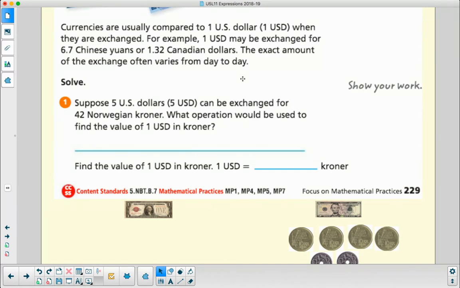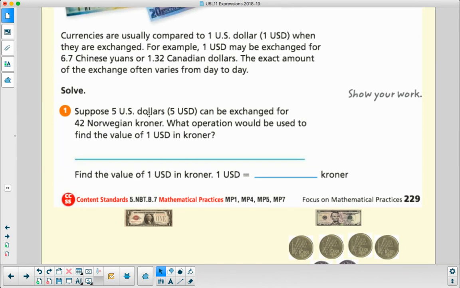If you check it today, I bet it's different than my today, March 31st. So suppose 5 US dollars can be exchanged for 42 Norwegian kroner. What operation would you use to find the value of 1 US dollar?